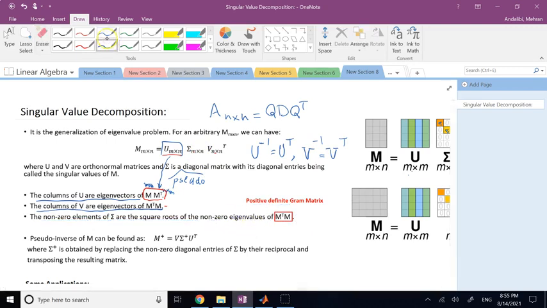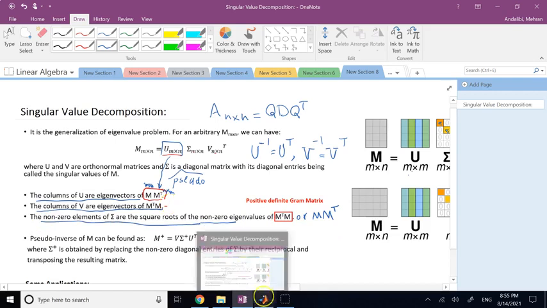So not only M transpose M, but or, let's say or is better, M times M transpose. The only thing is that M times M transpose in this case has an extra eigenvalue which is 0, but we are only interested in non-zero eigenvalues and we are only taking the square root of the non-zero ones. So both of these can give us the singular values, okay?